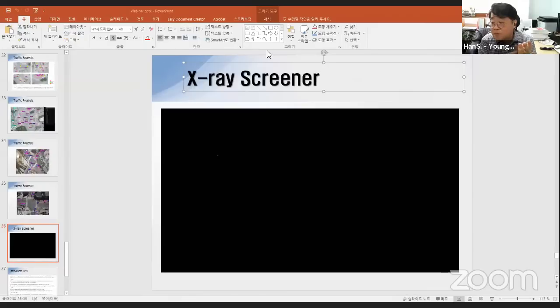So we just combine this object proposal part and the image classification part. For the image classification part, you can use an existing CNN model.